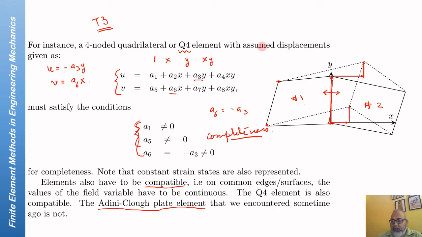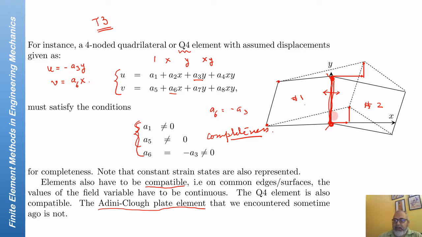Now, in order that the field variable is continuous on this inter-element boundary, you must have the situation that the values of the field variable on this boundary depend on the nodal values at this node and at this node only. It doesn't depend on this node, or this node and this node.